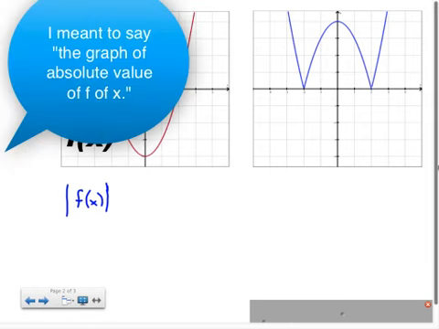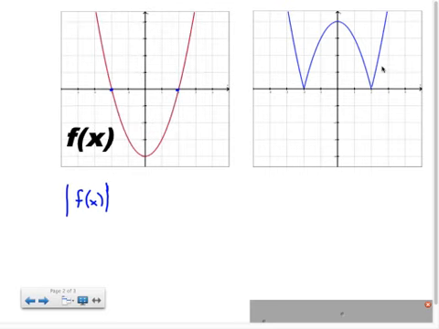We'll notice that a portion of the graph of f was unaffected by the absolute value bars, and then a portion of it, the portion from -2 to 2, was reflected across the x-axis.